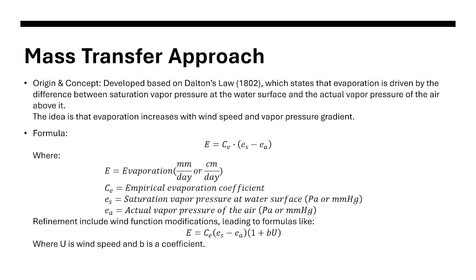And we have here a refinement that includes wind function modifications because, as stated above, the idea is the evaporation increases with wind speed. Okay, so the refinement includes wind function modifications leading to formulas like this one: the original formula multiplied by 1 plus bu, where u is the wind speed and b is a coefficient.